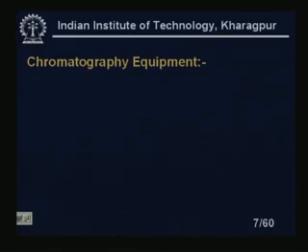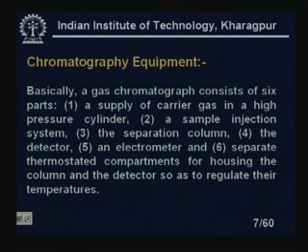Now, chromatographic equipment: what we need and the entire chromatography equipment. You will see the figure in the next slide. Basically, a gas chromatograph consists of six parts: a supply of carrier gas in a high pressure cylinder, a sample injection system, and the separation column, where we have the packing materials.